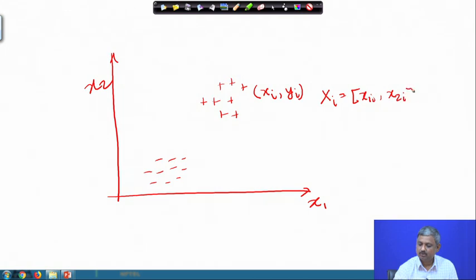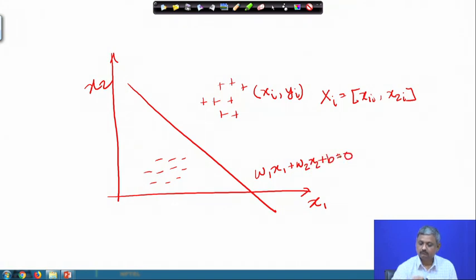In general, there can be more components, two dimensional in this case. So, if I consider a line of the form, the perpendicular distance from a certain x_i to this line.